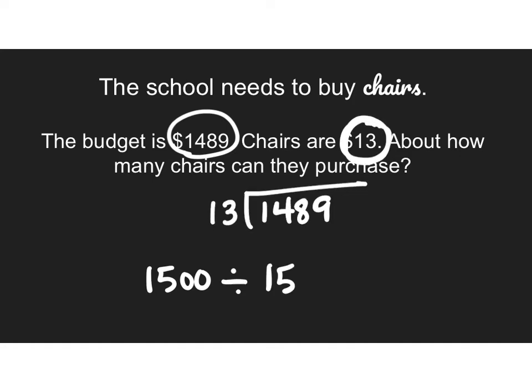Now that's not my conventional way of rounding, where I round either to one or the other, but again, my job here is to look for compatible numbers, and 15 fits into 15 really nicely. So 15 goes into 15 once, and I have those two zeros, so 15 times 100 is equal to 1,500. So my answer would be approximately 100 chairs.